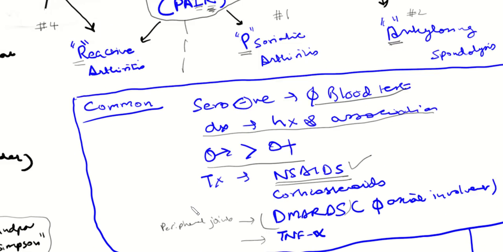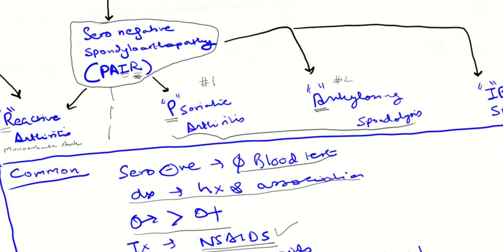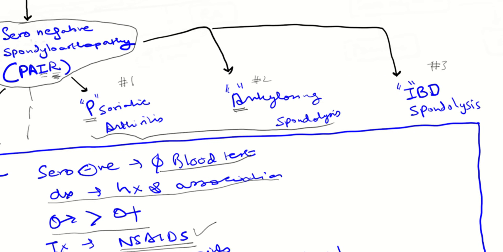What's different? Let's start with reactive arthritis. I know I'm picking on the R first. That's because it is acute monoarticular arthritis. While the rest three, which is psoriatic, ankylosing spondylitis, and IBD are what?